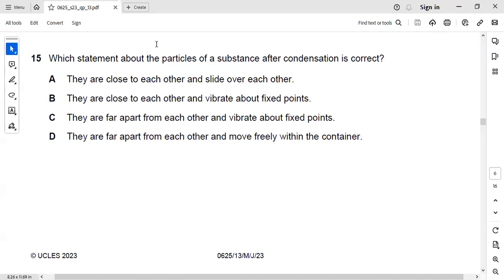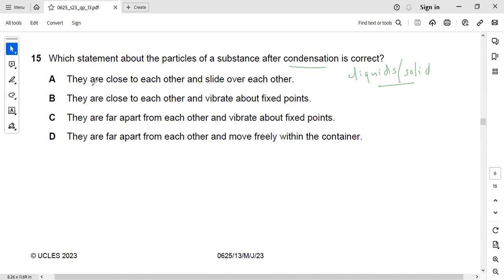Next, which statement about the particles of a substance after condensation is correct? After condensation, the particles of a substance come closer together to form liquid or solid.